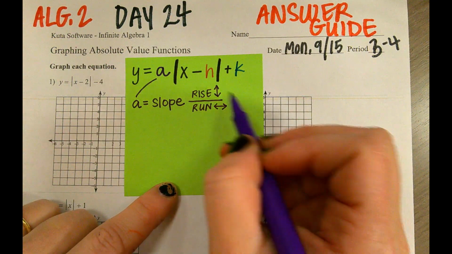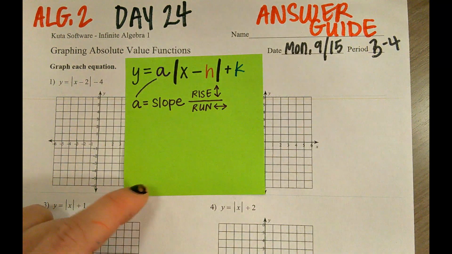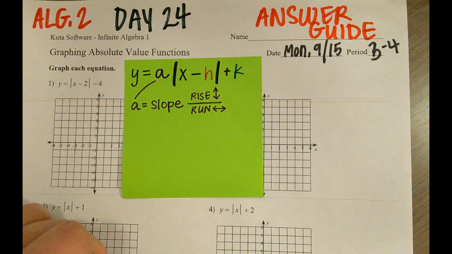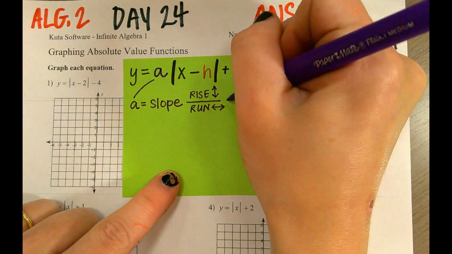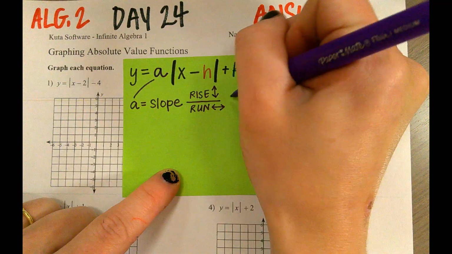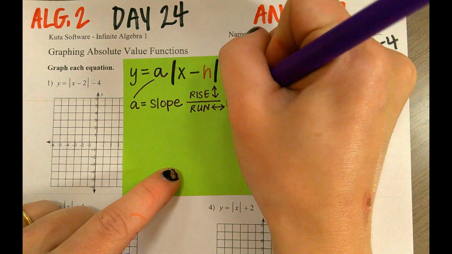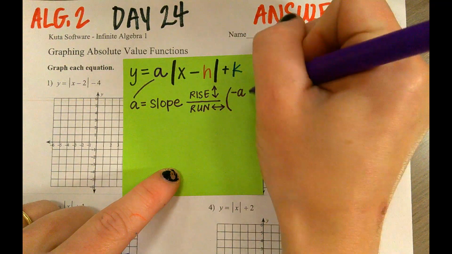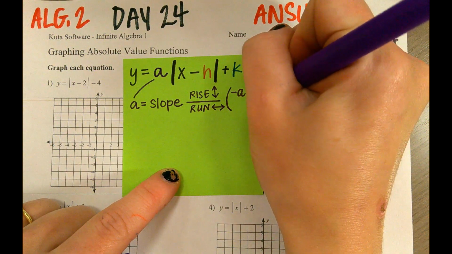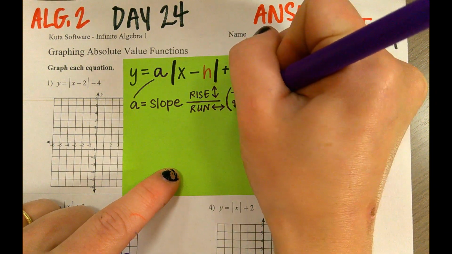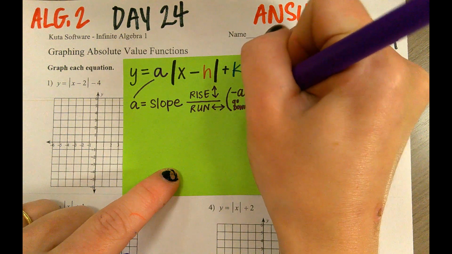What is the only thing that would cause your slope to go down? If it's negative. So negative a tells us to go down. I'll make a little note of that. Negative a, down.